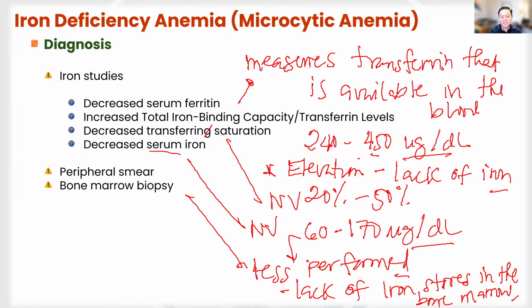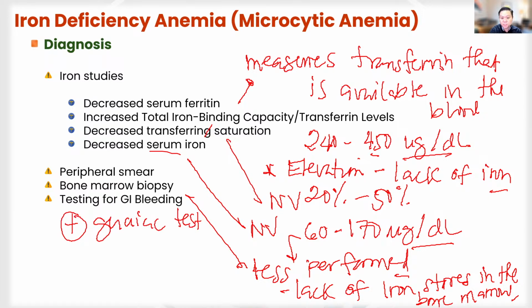Now, another test that will help in the diagnosis is the testing for GI bleed. If the medical provider is suspecting that, there will be the guaiac testing, a positive guaiac test, or the hemoccult, in order to look for tiny bleeding inside the GI tract.